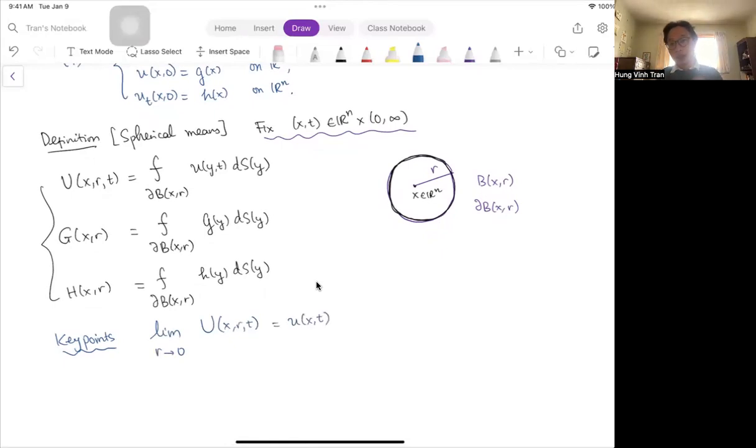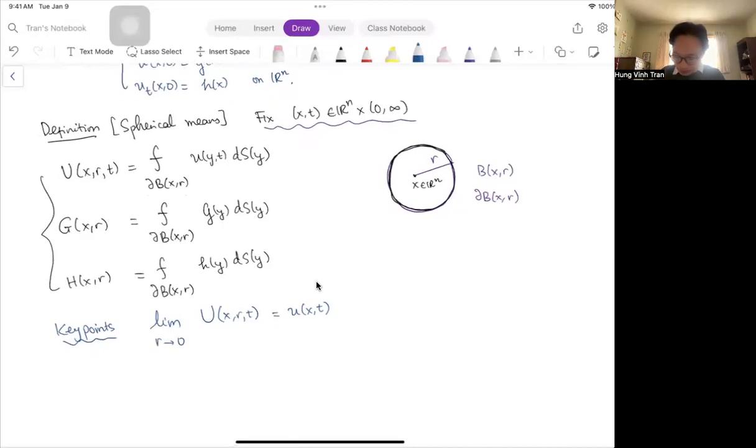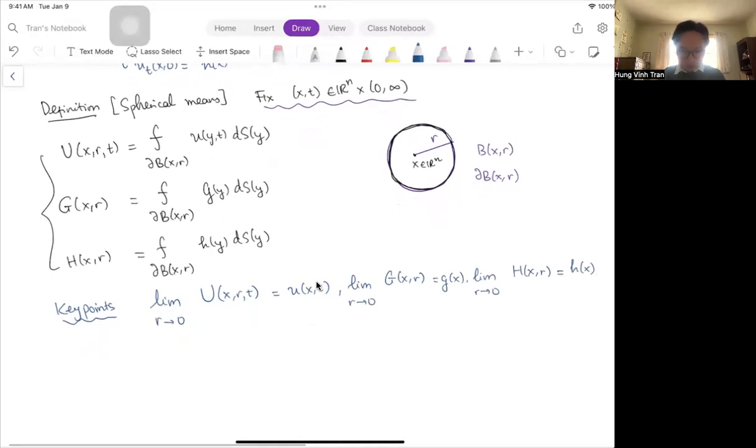So basically, through spherical means, when we let the radius tend to 0, we recover the function u itself. And similarly, the limit as r goes to 0 of G(x,r) is g(x), and the limit as r goes to 0 of H(x,r) equals h(x). Okay, that's the first key point.